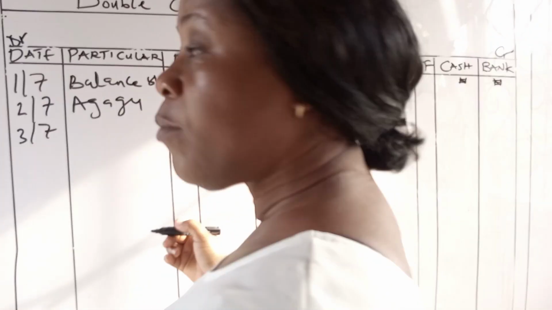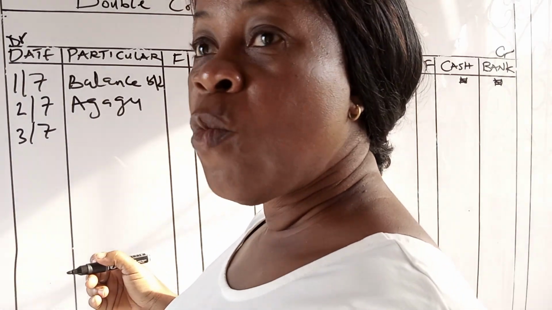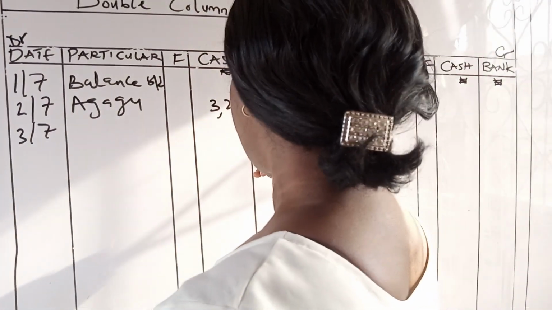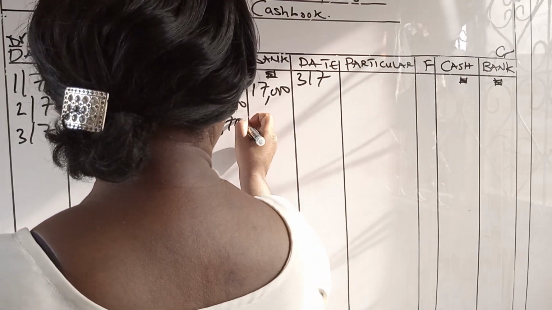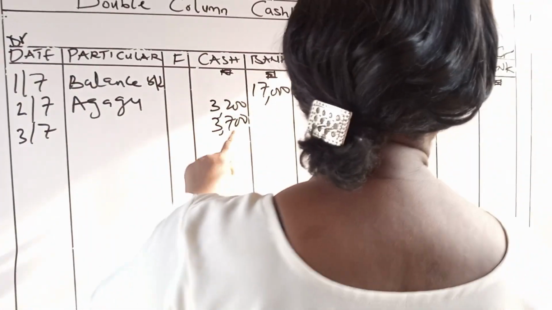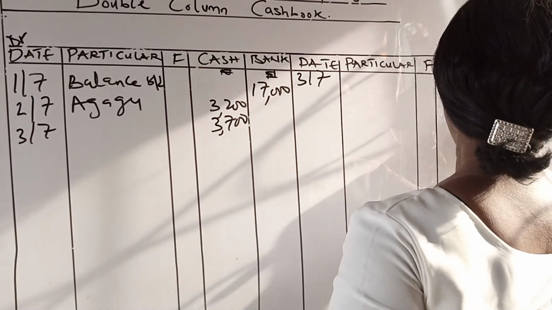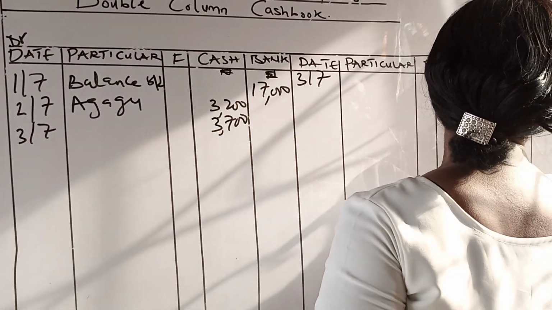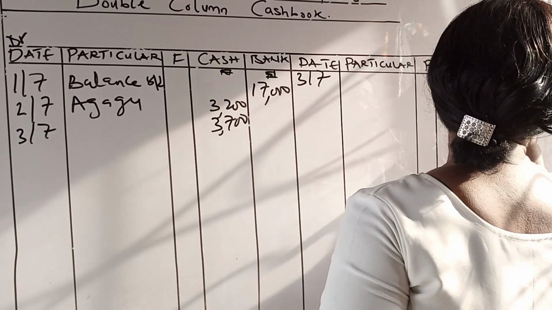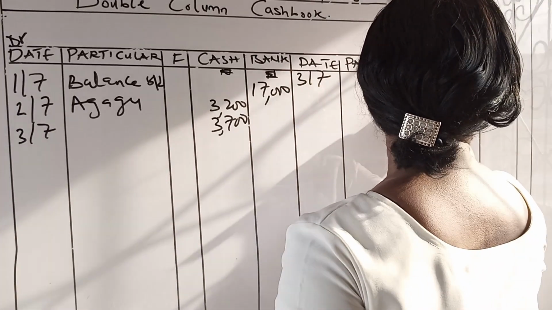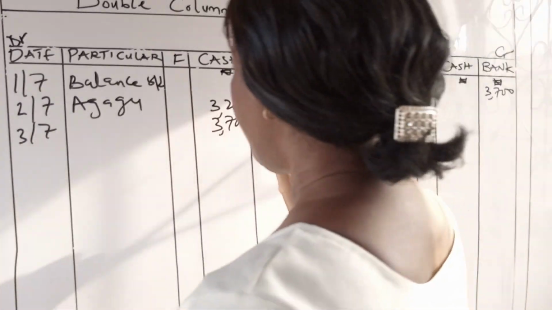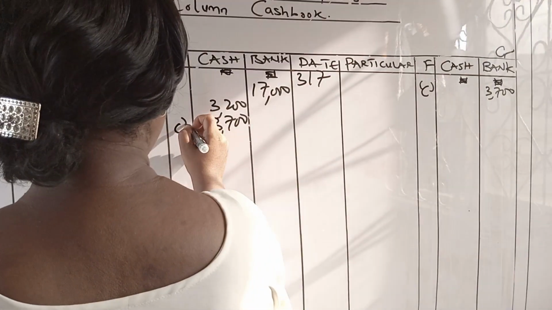So in the column for cash, we write 3,700 naira on the debit side. Then in the column for bank, on the credit side, we write 3,700 naira. Then in the folio column, we write C. This means it's a contra entry.